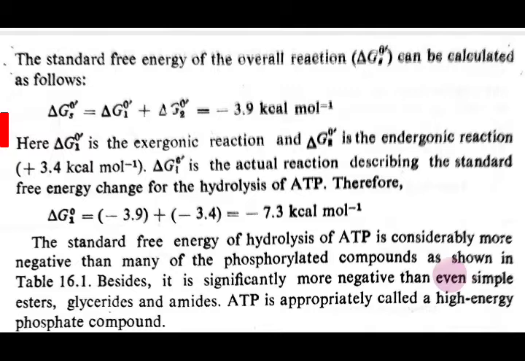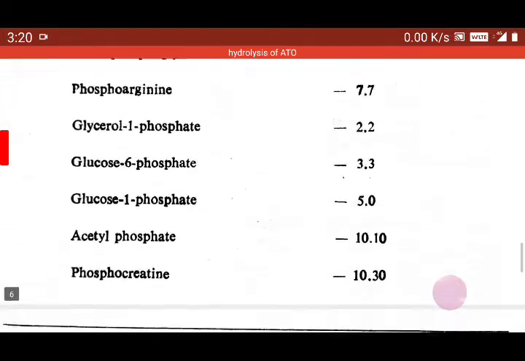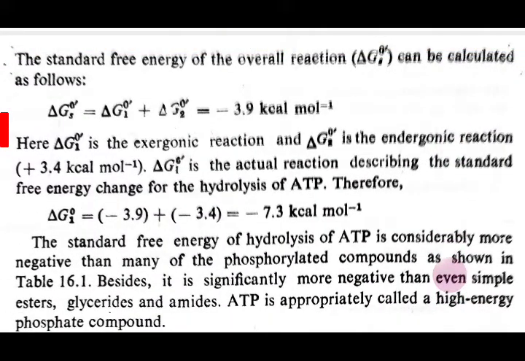The standard free energy of hydrolysis of ATP is considerably more negative than many of the phosphorylated compounds, as shown in the table which we showed earlier. Significantly, it is more negative than even simple esters, glycerides and amides.